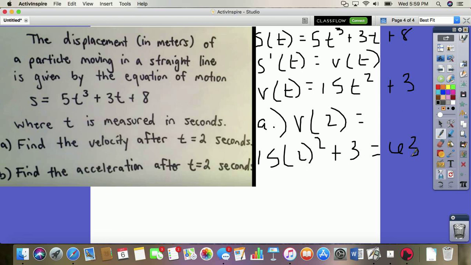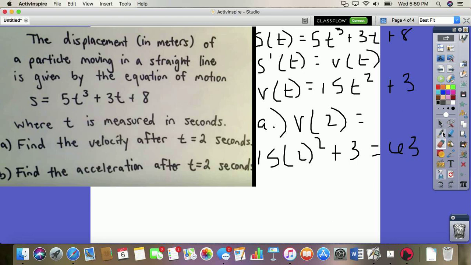If they ever said, when is the velocity or the acceleration a certain value, you would set 100 equal to 15t squared plus 3. Then you'll subtract 3, divide by 15, take the square root, and find out what that t value is. So if they ever ask you, when is the velocity a certain value, then we can do it this way. But not going to go too far into that right now.